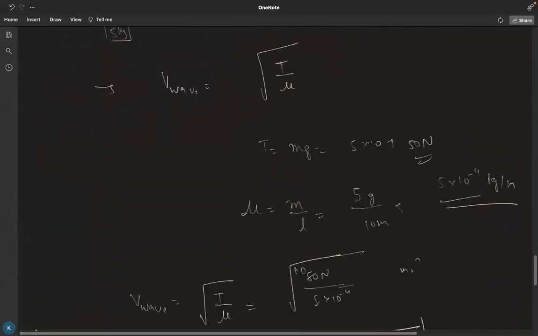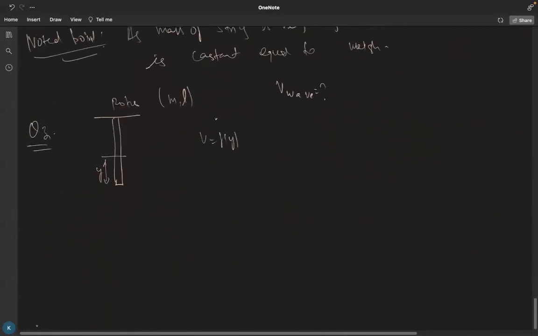But in this case we are not able to apply s is equal to vt, because we have a velocity as a function of y. First we have to find the mass of the y length. For the full length L we have a mass m, and for the y length we have m by L into y.